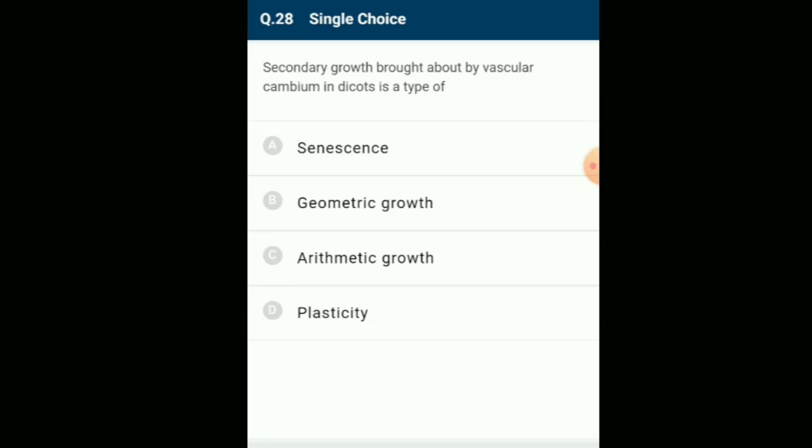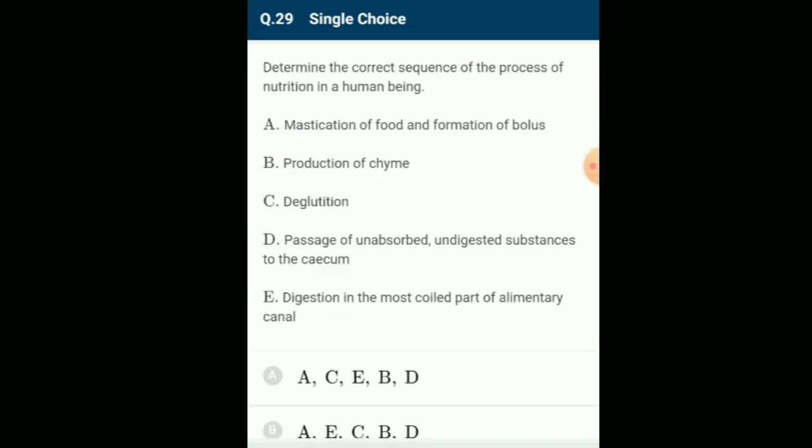This kind of growth rate is shown by meristematic cells. Plasticity is the ability of tissue to form different structures in response to environmental conditions. Senescence is the deterioration phase with respect to aging of a cell, tissue, or organism. So the answer is option C, arithmetic growth. Question number 29.